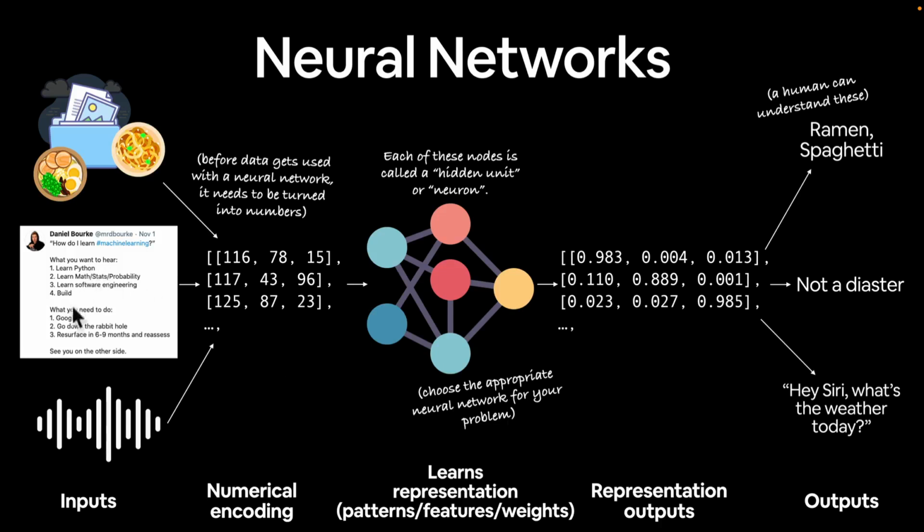So we've written code to turn this into numbers and pass it through our neural network. Our neural network has learned some kind of patterns, and then we ideally want it to represent this tweet as not a disaster. And then we can write code to do each of these steps here. And the same thing for these inputs going as speech, turning into something that you might say to your smart speaker, which I'm not going to say because a whole bunch of my devices might go off.